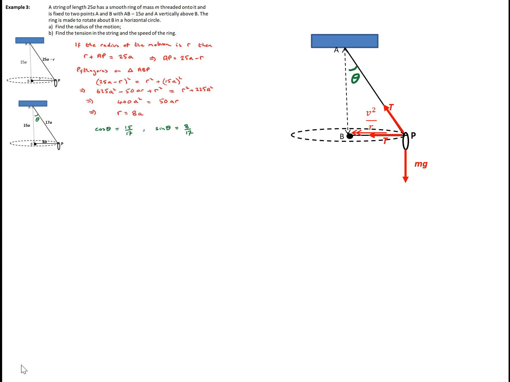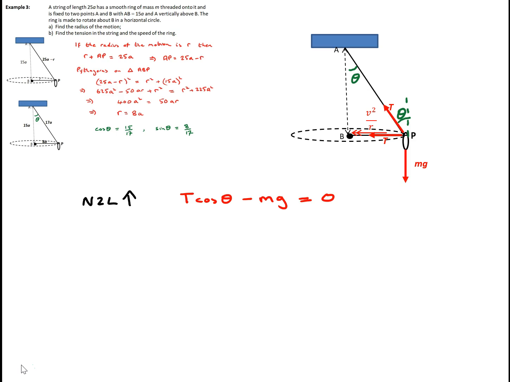So, applying Newton's second law vertically, we have the vertical component of T in the element AP of the string, which is T cos theta, minus mg, and the component of T in the element BP of the string in the vertical direction is 0, so we don't need to take any account of that at all.